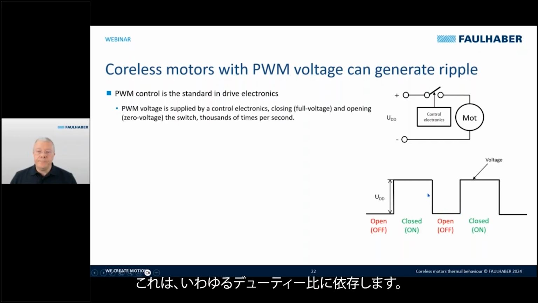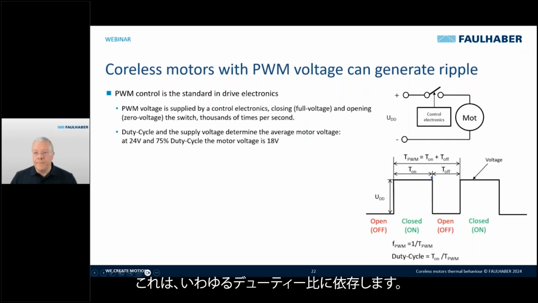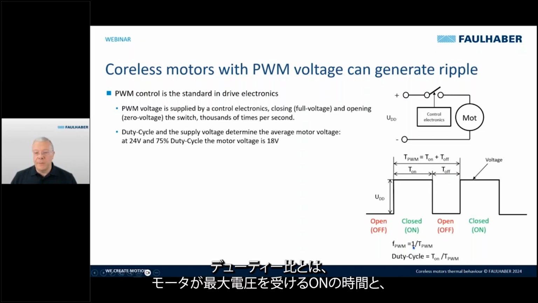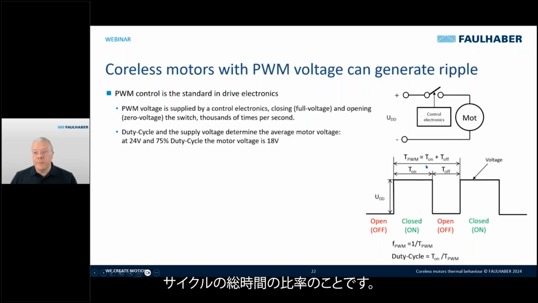And this depends on the so-called duty cycle. The duty cycle is the ratio between the on time, when the motor receives the maximum voltage, and the total length of the cycle. This is a fast movement.